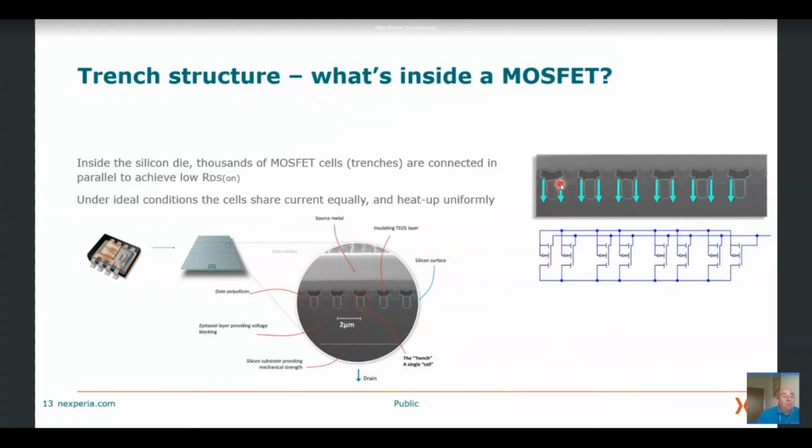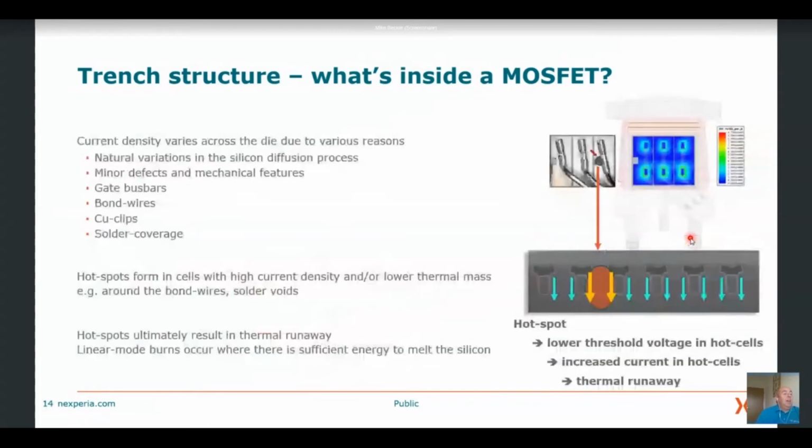In fact, the channel flows down both sides of the trench, so each trench is actually two MOSFETs. And all of these MOSFETs are connected in parallel. That's how manufacturers achieve this incredibly low sub 1 milliohm kind of performance in a MOSFET.